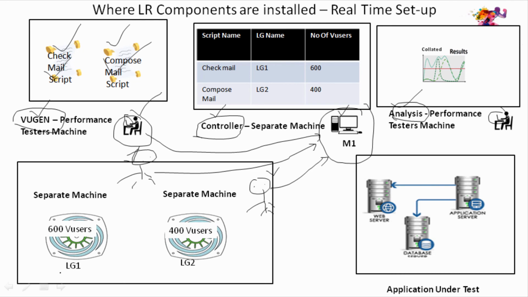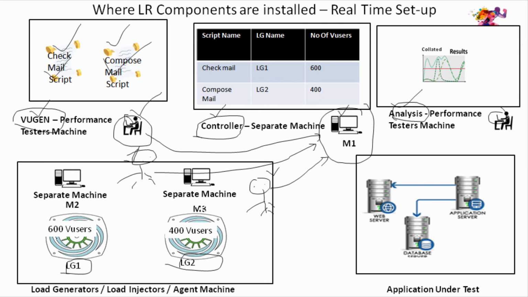Then in this setup, we have assumed that there are two LG machines, LG1 and LG2. Again, LG1 will be installed on a separate machine altogether, just like the controller. For the controller you have a separate machine called M1. Similarly, each load generator will have one single machine. So LG1 has the M2 machine and LG2 has the M3 machine.